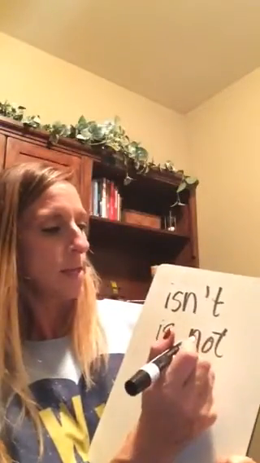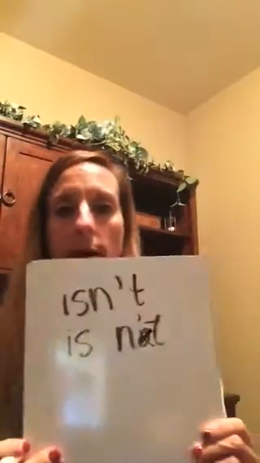Okay. Isn't. Isn't it past your bedtime? Isn't. So I want you to write isn't. Okay, and isn't stands for is not. We're leaving out the O this time, okay? Is not. Isn't it past your bedtime?